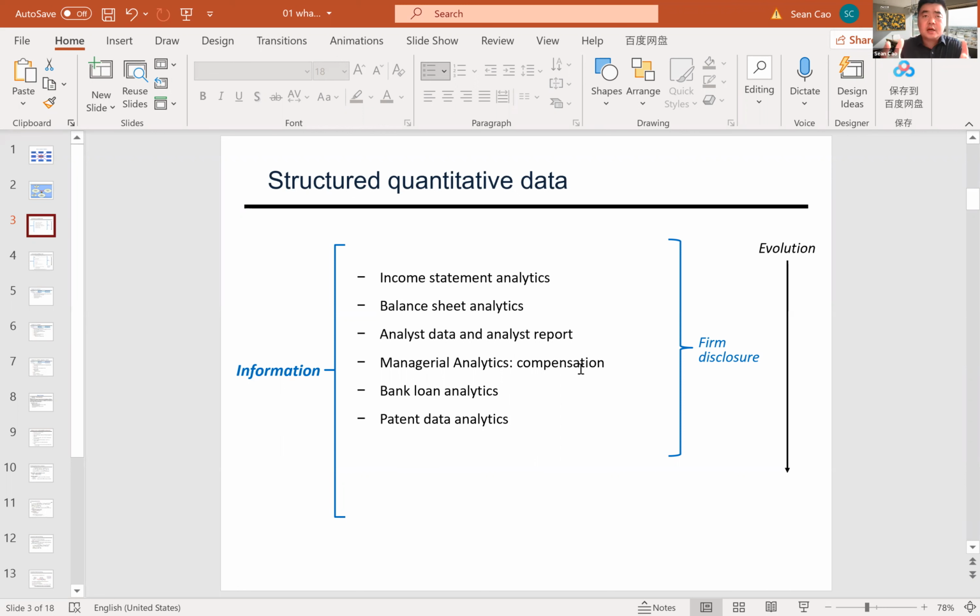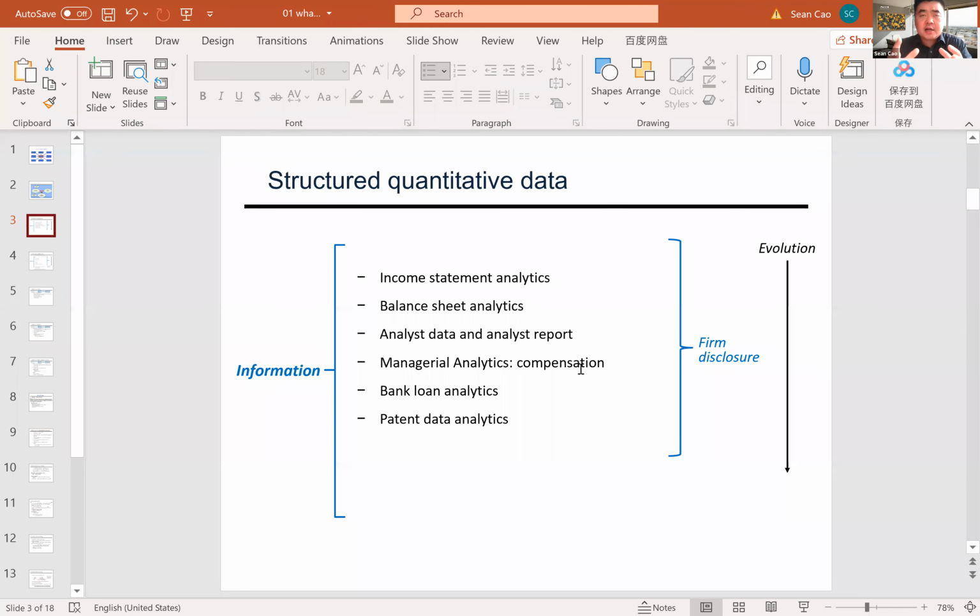Bank loan data is complicated because it has a loan amount, loan spread, the covenant data, and loan interests, and also information about the bank and information about the borrower. So this is also important data all of you accounting finance majors should understand and be able to analyze.